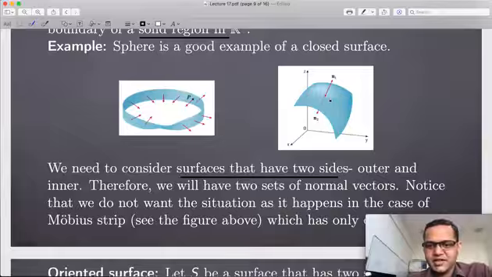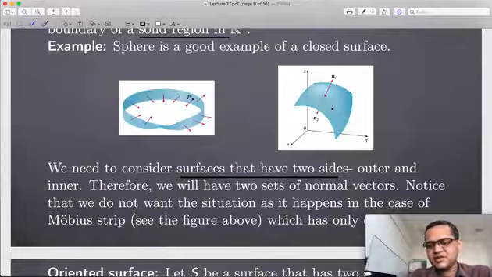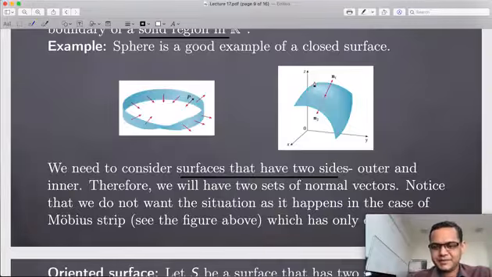Here you have a sense that either you are on the upper side of the surface or on the lower side. These arrows are pointing this way. If you are on this face of the surface, your head is always up, whereas if you are on the inner or downward surface, then the arrow is pointing downward.